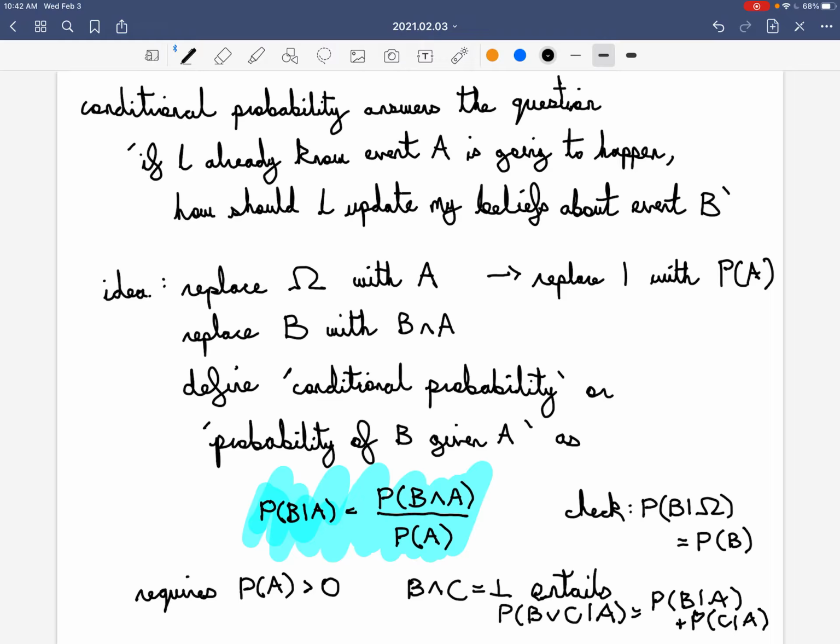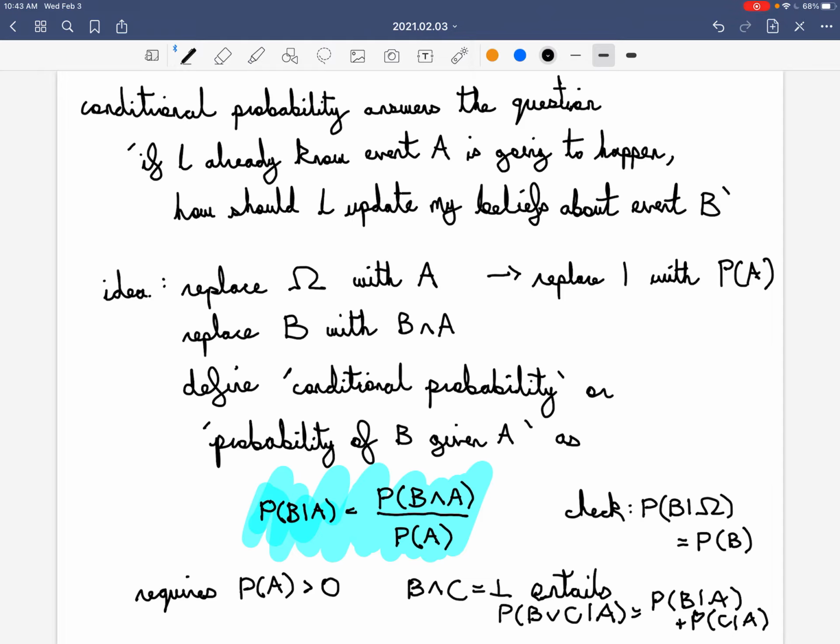But yeah, anyways, it's important to do sanity checks where you take particularly simple cases of what you just defined and see if they agree with what you're trying to build in your theory. So if we think about conditional probability where we're conditioning on the entire sample space, so the conditional probability of B given omega, what are we saying?